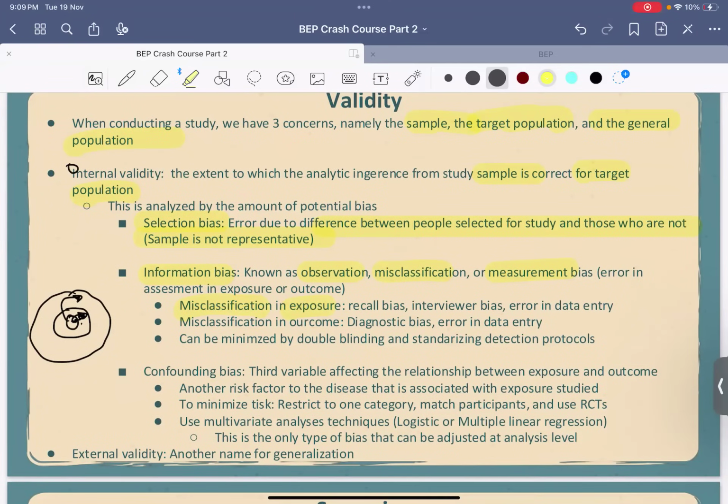Okay, which are recall bias, for example. While I asked the patient, were you exposed to this? They say no, and they were actually exposed to it, but they don't remember. Interviewer bias, in which I'm introducing leading questions. So, for example, the questions have to be open-ended, and the patient has to remember alone. If I ask the patient, were you exposed to smoking, for example, or were you exposed to a GI infection, and did your stomach hurt?